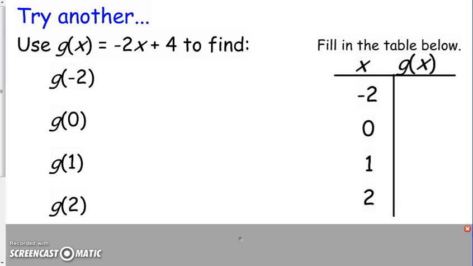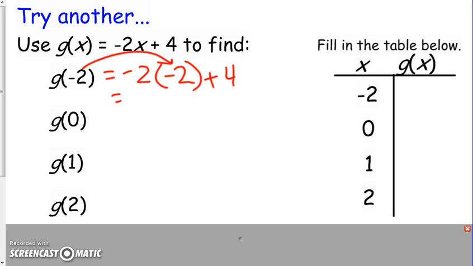Okay, let's do another example. G of x, same thing as f of x, it's just a fancy way to say y equals negative 2x plus 4. So we're going to find g of negative 2, g of 0, g of 1, and g of 2. So negative 2 times negative 2, and remember, it goes where the x is, plus 4.